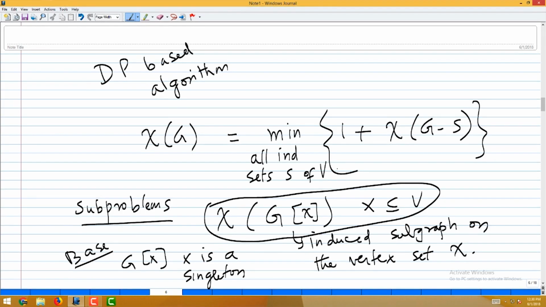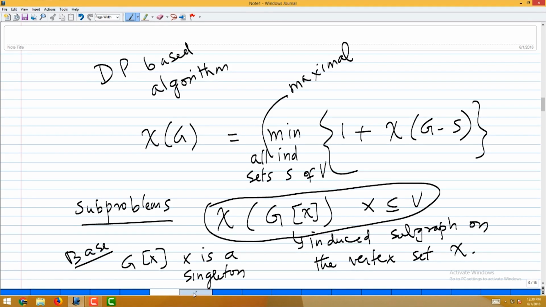Because if you just go back here, instead of trying all independent subsets of the vertex set, I can actually try all maximal independent subsets. Okay. So what?